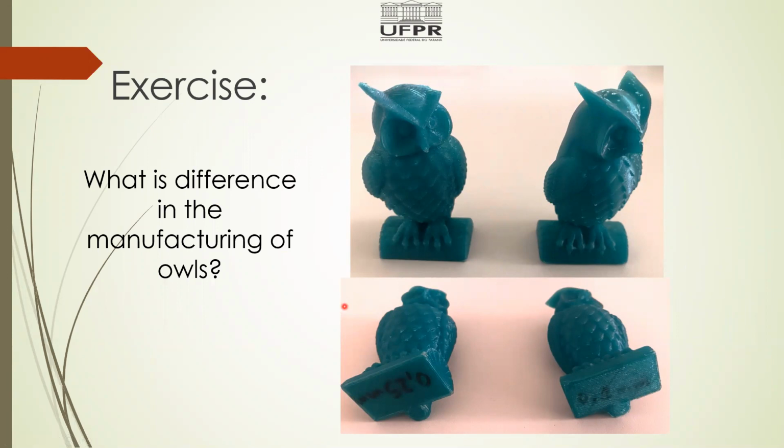and in this example, it's a better exercise. What is the difference in the manufacturing of the owls? What is the difference? This one or this one? And if you see the heart, the difference is the layers. Yeah?